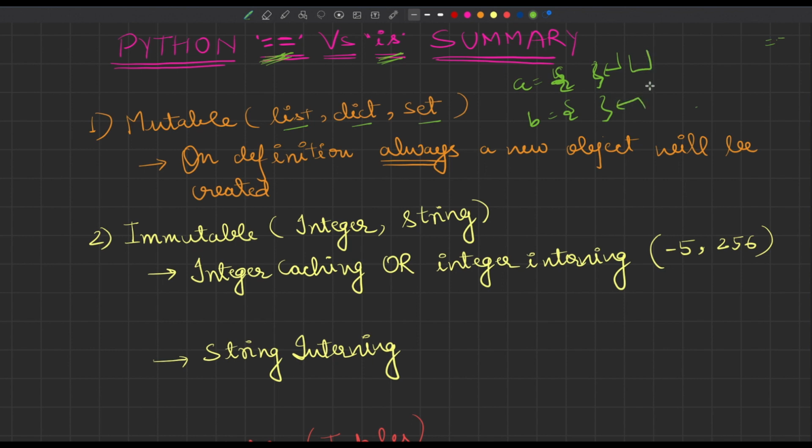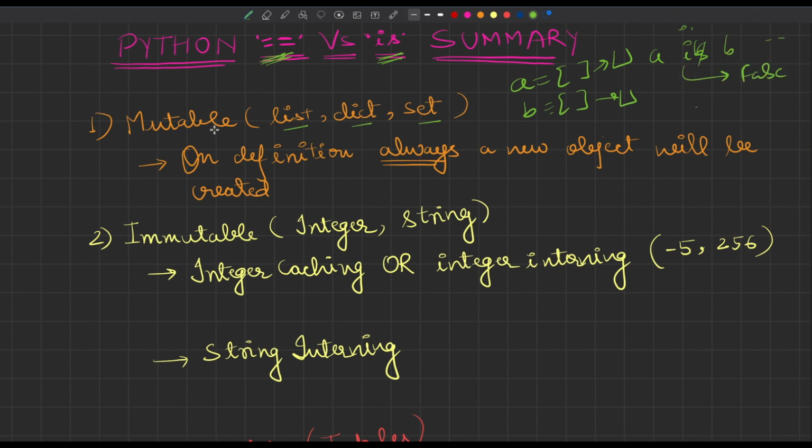Now in this case, A is B is going to return false. Similarly, if you create A equals some list and B equals some list, Python is going to create a new object here and a new object here, or a new container. So A is B is again going to return false.